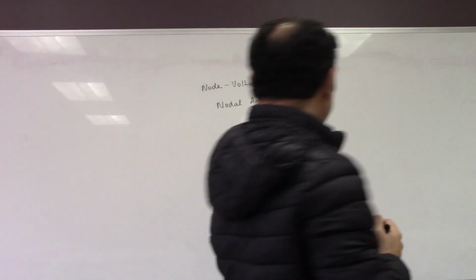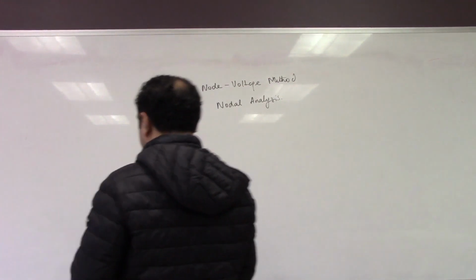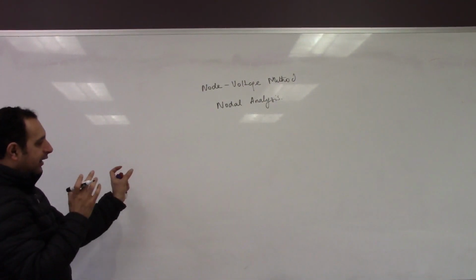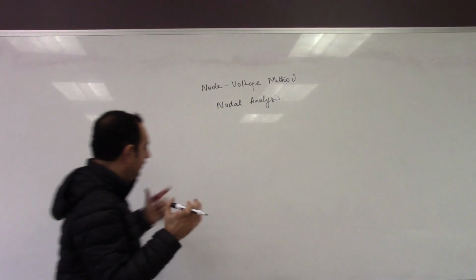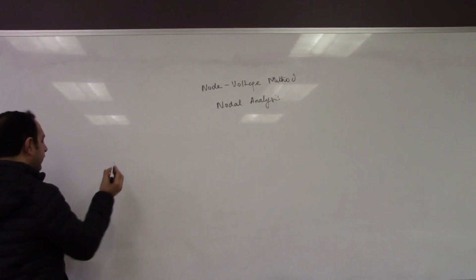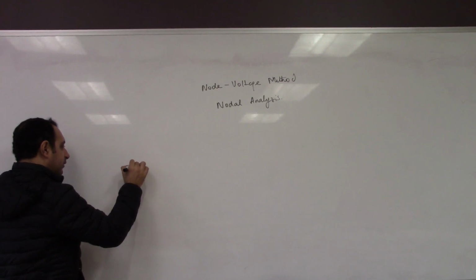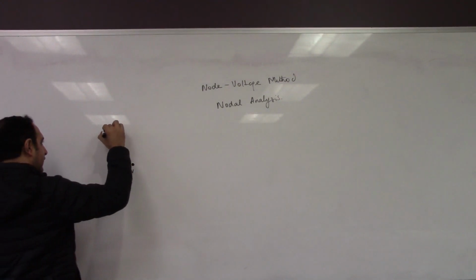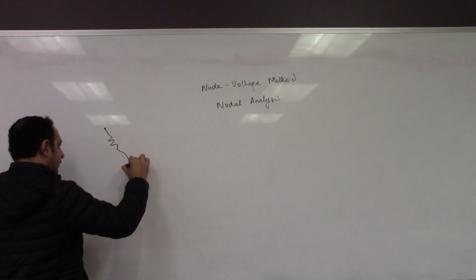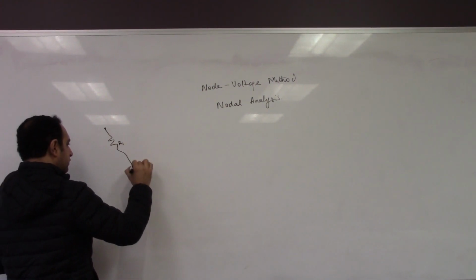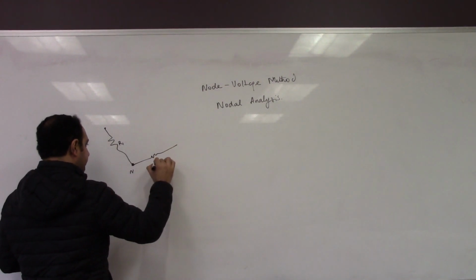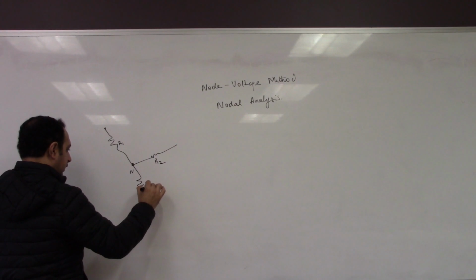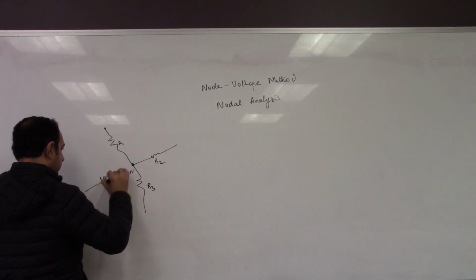What is node voltage? Let's assume we already know KCL and KVL. If you take KCL and write it in a different way, it becomes nodal analysis. Let me explain. Let's take a node N, and say I have resistors R1, R2, R3, R4.